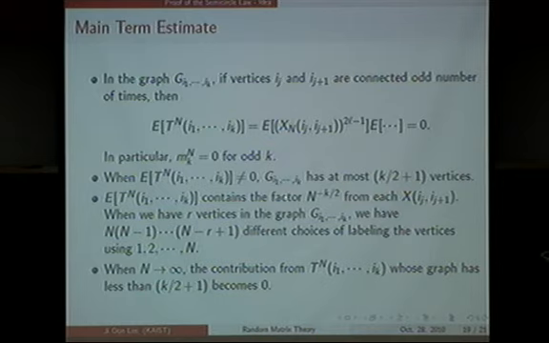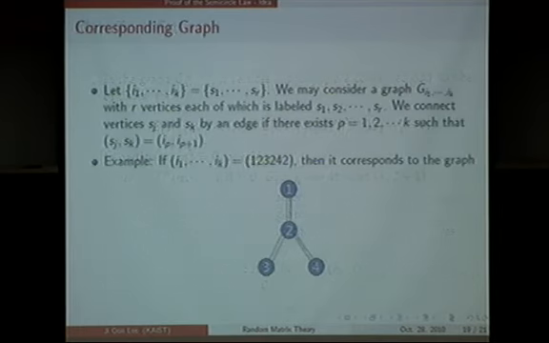So if you have the graph from i1 to ik, then it has at most k over 2 plus 1 vertices. Right? Because here k is 6, and because the structure is like this and all the edges like this, we have 1, 2, 3, and 4. So half plus 1. Of course, if you have 4 edges between 2 vertices, then the number of vertices must decrease. So this is the maximum case.